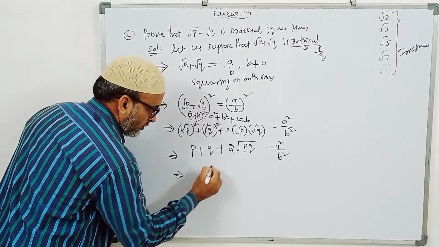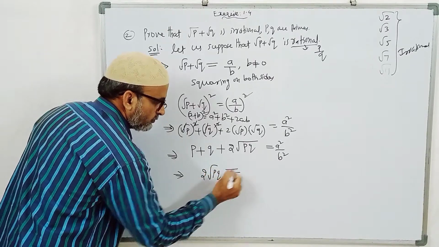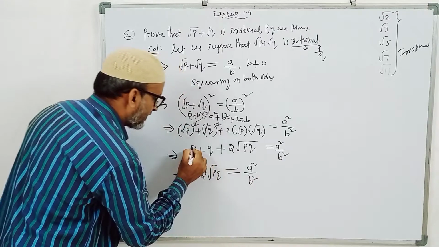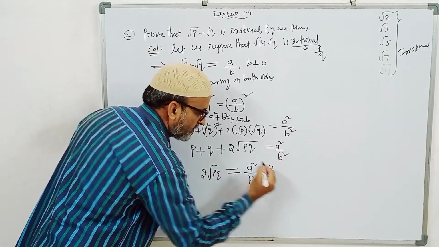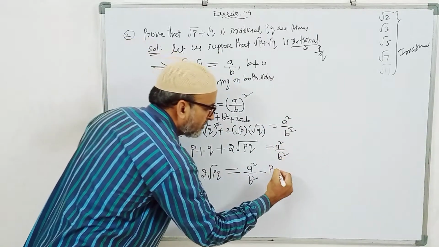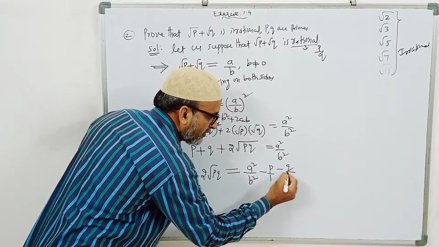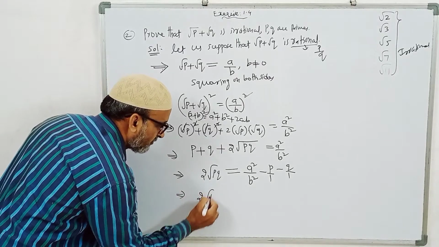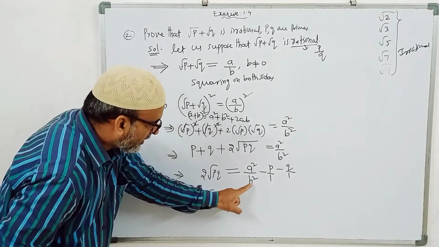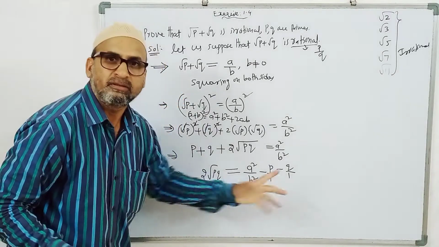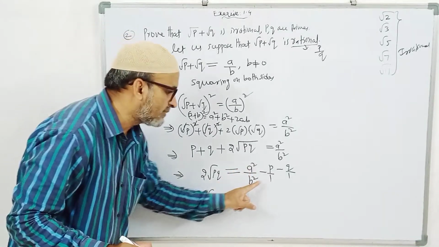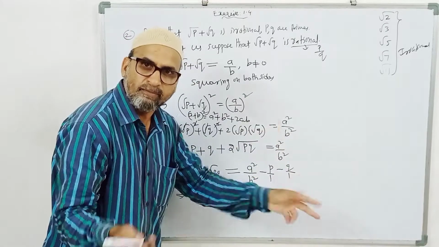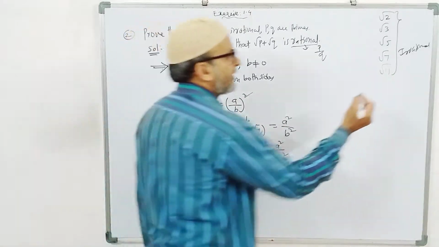Now 2 root PQ is equal to A square by B square, taking P to that side, minus P, and taking Q to that side, minus Q, each over 1. The denominators are not the same, so we should take the LCM of B square and 1, which is B square.